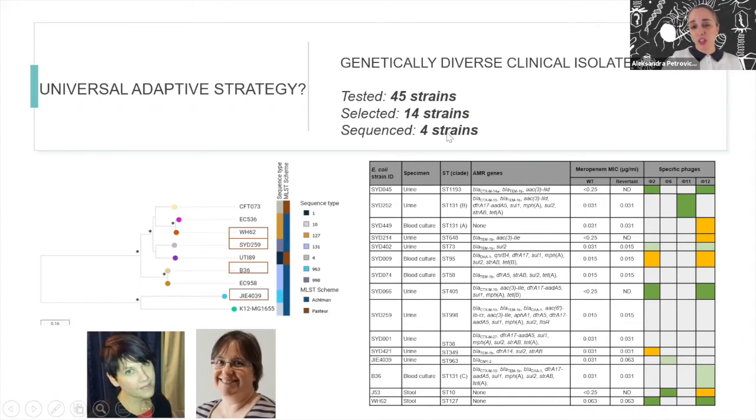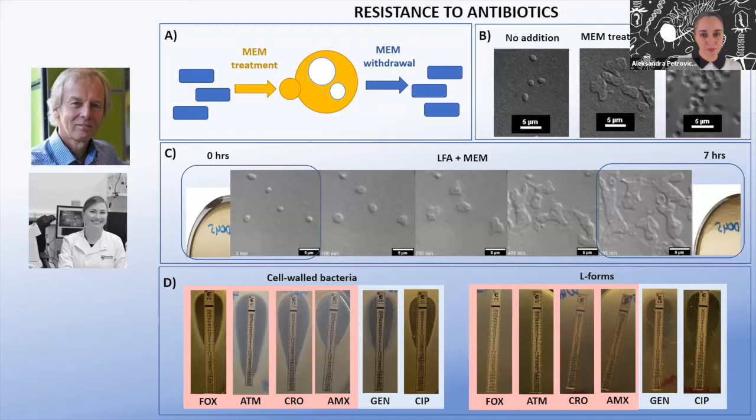Of these 14 strains, we selected 4 strains, and we did whole genome sequencing on the parent strains, on cell wall bacteria and L form revertants, to see if there are any changes generated during this cell wall to L form and then cell wall transition. We saw no changes in 3 of them. They were identical to their parent strains. And in 1 strain, we saw some substantial changes at the genome level.